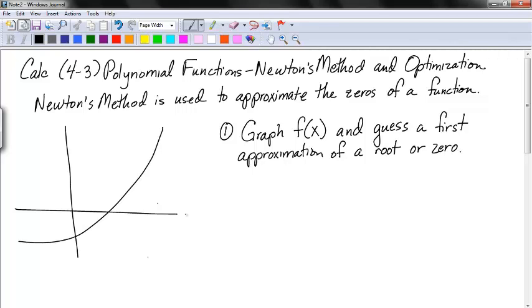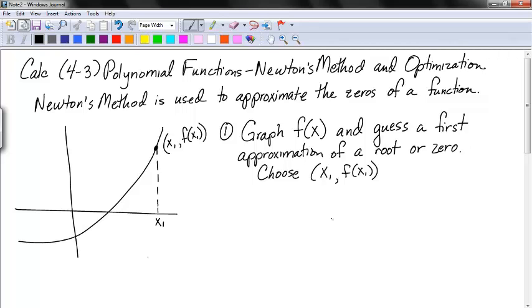Okay, the first one I'm choosing, it's going to be close to where it crosses, but it's not going to be exact. So if I said my first guess was this x value, x sub 1, okay, then this y value is f of x sub 1. Okay, so we basically choose our x sub 1, and that gives us a y sub 1.